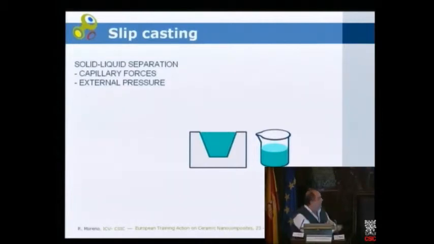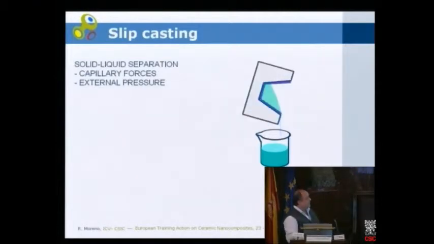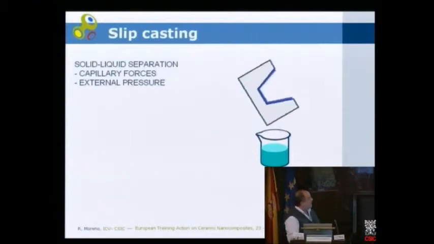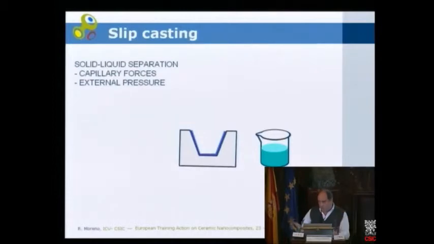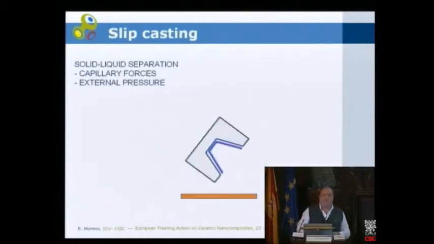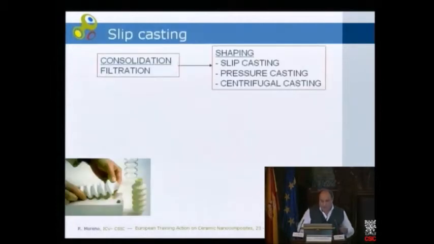Once a cake is formed on the walls of the mold, when we have the desired thickness, we remove the excess of suspension, and then we have the cake attached to the walls of the mold because it is still wet. After a certain time, it dries, and the piece is easily removed from the mold.